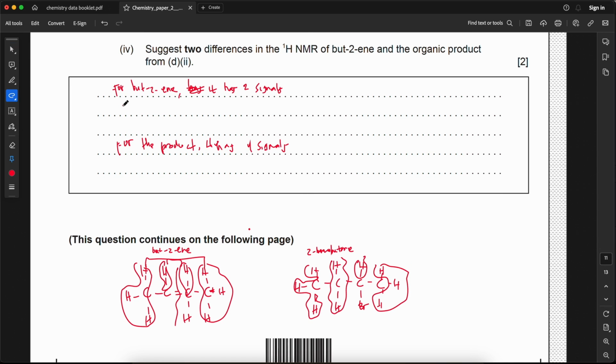So the chemical shift is 4.5 to 6 ppm, and then the chemical shift is 3.5 to 4.4 ppm.